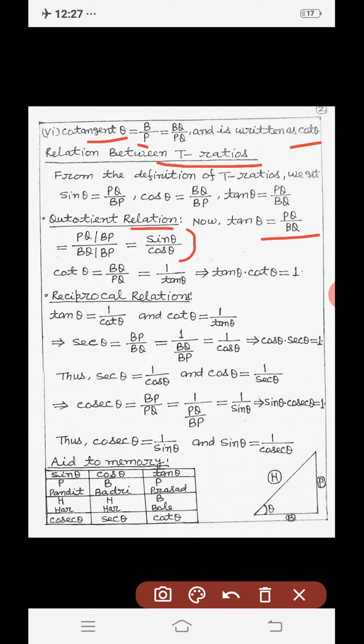Similarly, cot theta equal to BQ by PQ, base by perpendicular, and this is equal to 1 by tan theta. Means tan theta is the reciprocal of cot theta, and product of tan theta into cot theta equal to 1.